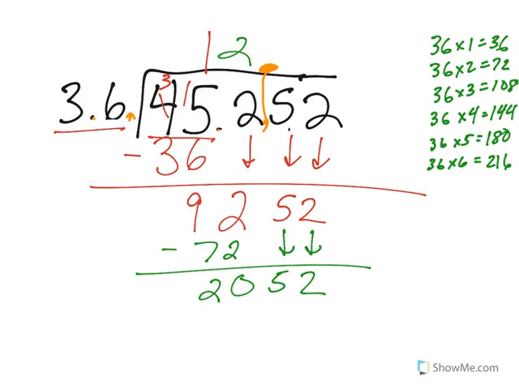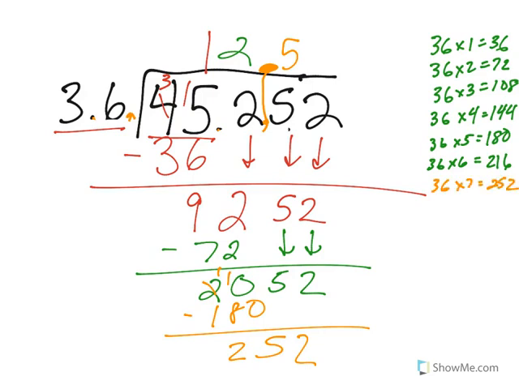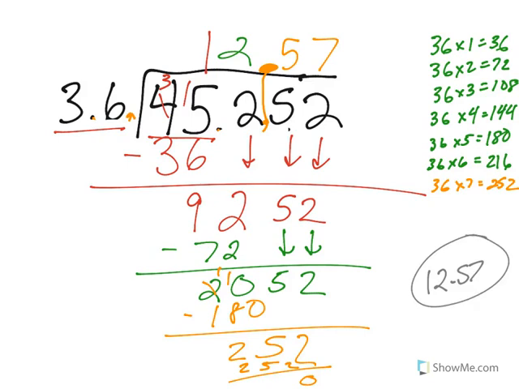So now I'd say, okay, 36 times 5 is 180. I'm just giving you options of how you can do this. We can borrow, I get 252. Well, if I go one more, 36 times 7, that's 252. So my last number is 7. 252 gives me 0. So my answer would be 12 and 57/100ths.